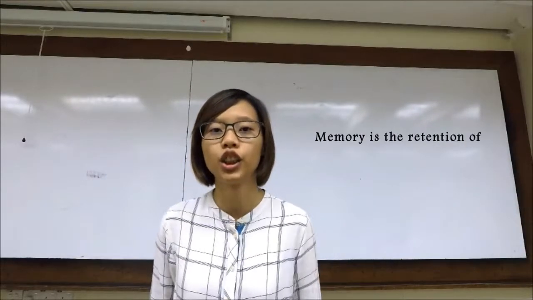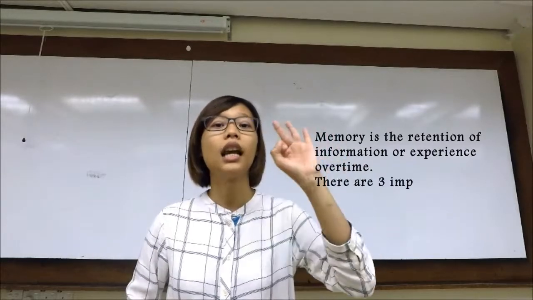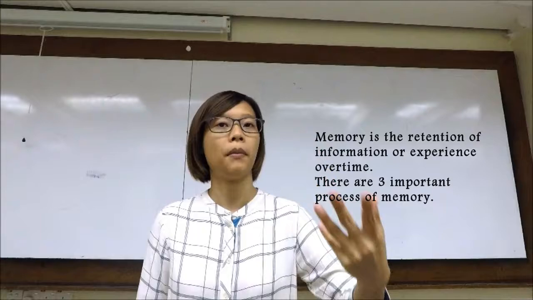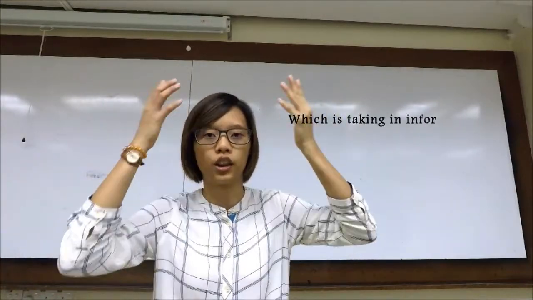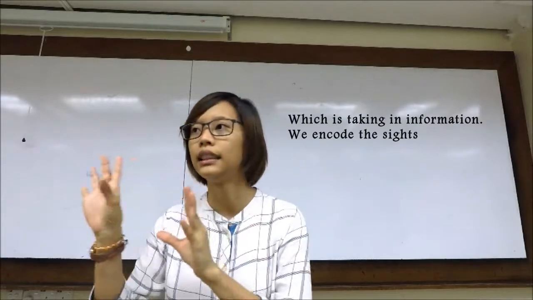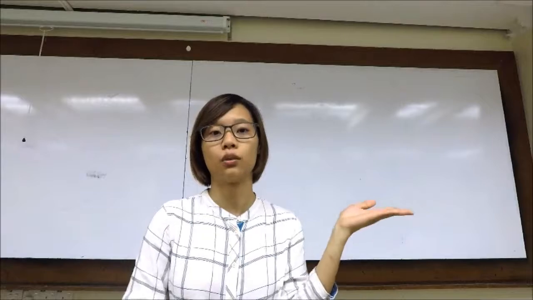What is memory? Memory is the retention of information or experience over time. There are three important processes of memory. First, we have encoding, which is taking in information. And we encode the sights and sounds of the particular incident. Next, we have storage.